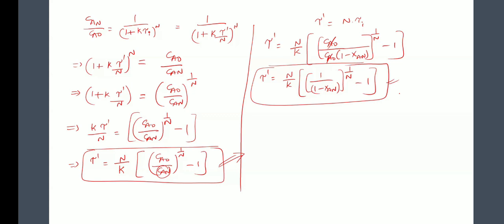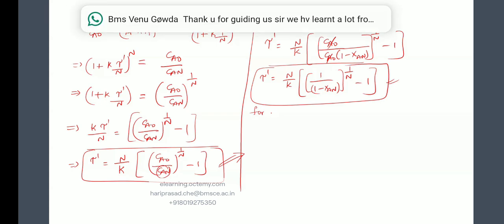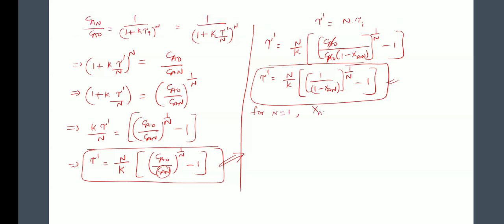Suppose there is a reaction and some reactants will get converted into product. For n is equal to 1, that is for the first reactor, the conversion in that particular reaction, let's take it is 0.95.